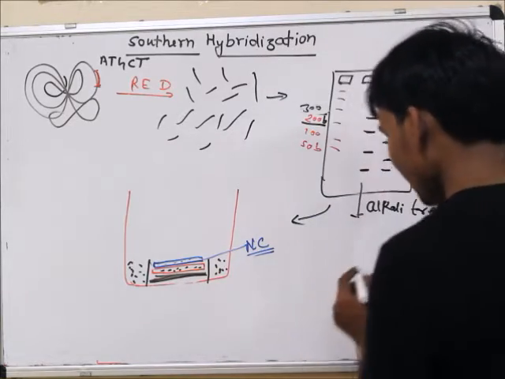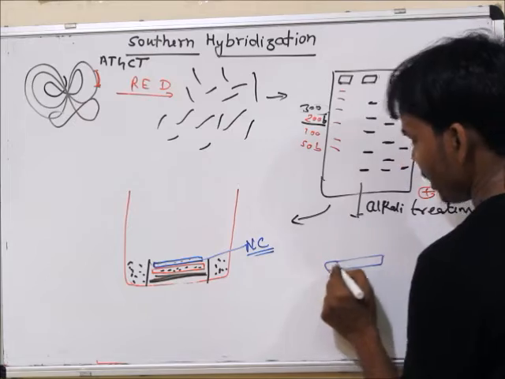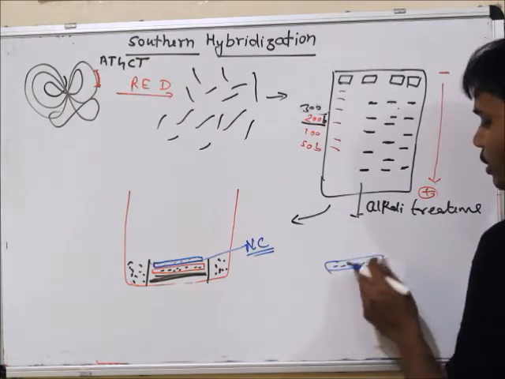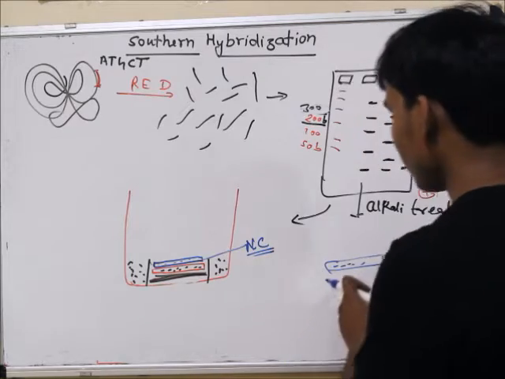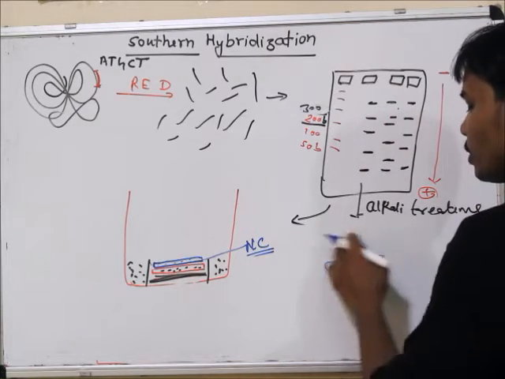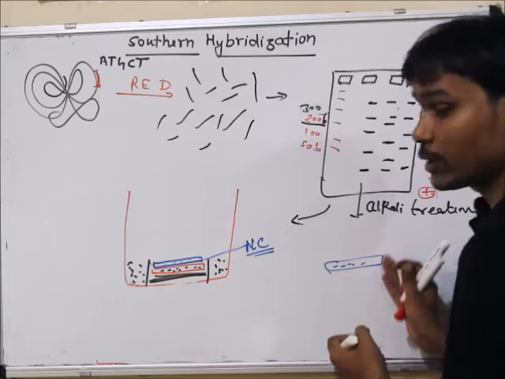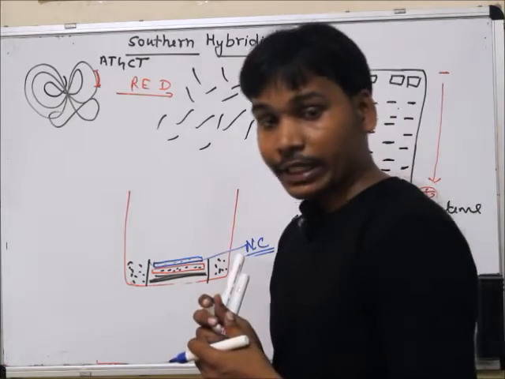But nitrocellulose paper has many free binding sites, which may create problems at the time of probing or hybridization.